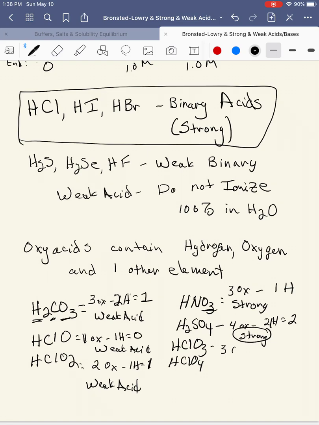Here, 3 oxygens, 1 hydrogen, difference of 2, strong. Here, 4 oxygens, 1 hydrogen, difference of 3, strong acid.